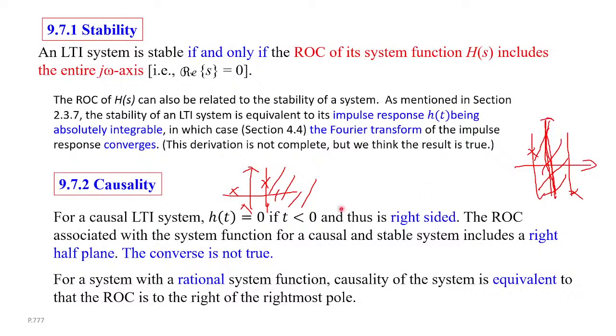We now learn to characterize your LTI system by looking at the ROC of your system on the complex s-plane. We find out that the system is stable if and only if your ROC contains your jω axis, because it's stable if and only if the Fourier transform actually exists.